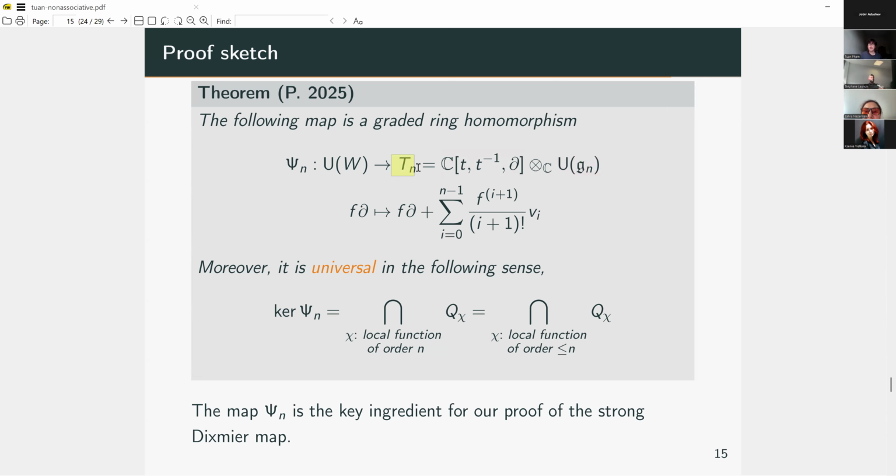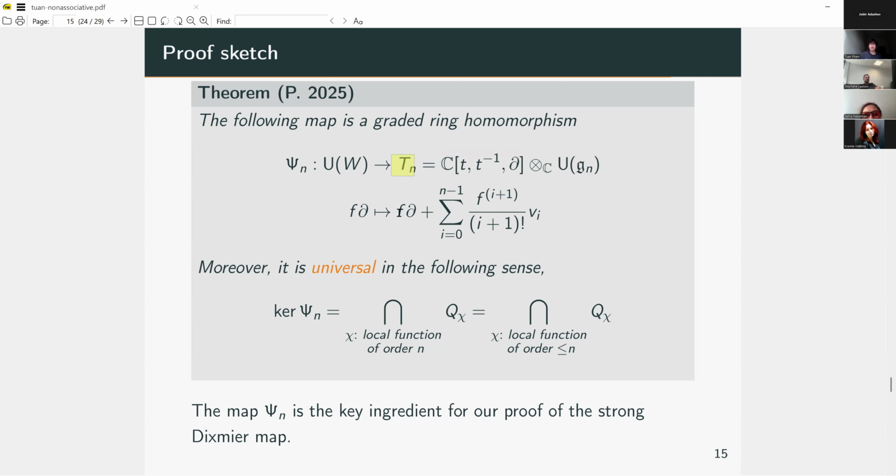So this image is much smaller than U of W in particular. The reason I want to include the formula of the map is that it looks really similar to the way we define local functions.